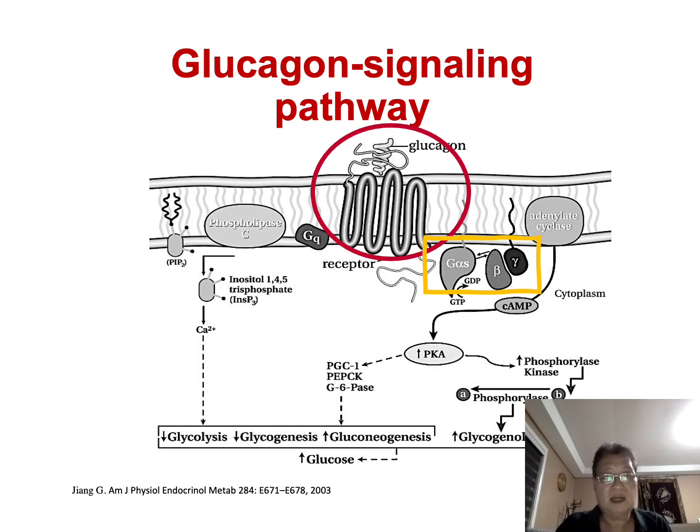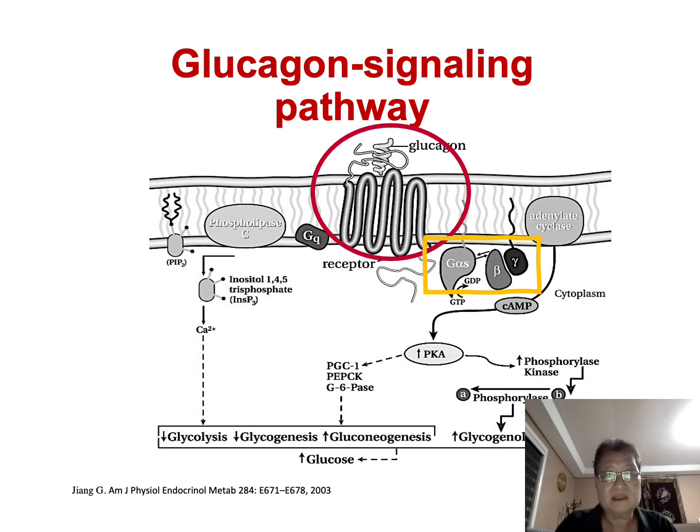Now, in the inactive form, it carries GDP, guanosine diphosphate. Now, when glucagon attaches to the receptor, it changes the conformation of the receptor, and this leads to the G alpha exchanging GDP for GTP. When this happens, the G alpha dissociates from the two subunits and becomes active. And when it's active, it activates adenylyl cyclase, an enzyme present in the membrane.